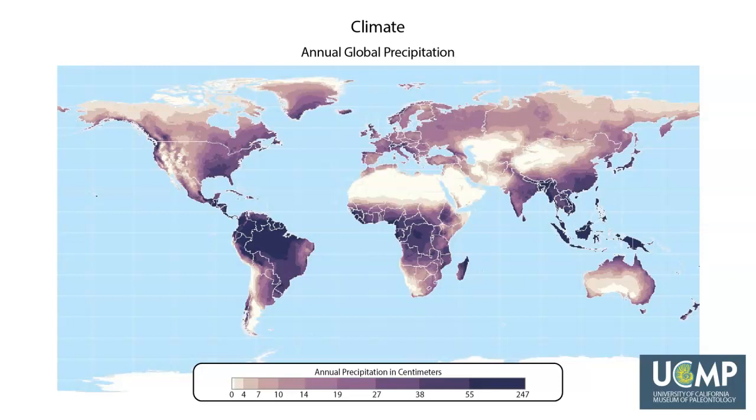The climate is the average of all weather that happens over a long period of time. On this map, they're showing you average annual precipitation, which is an important component of regional climates. In turn, annual precipitation is determined by the amount of sunlight received at different latitudes, as well as atmospheric and ocean circulation patterns.